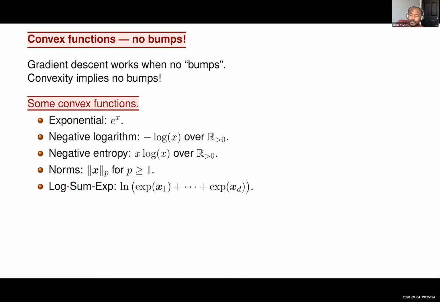One really nice property that we may or may not get to today, and if not, we'll get to it next lecture, is that gradient descent works for convex functions. So we'll cover some of the theory. There's a lot more; the entire optimization class is on convex optimization.